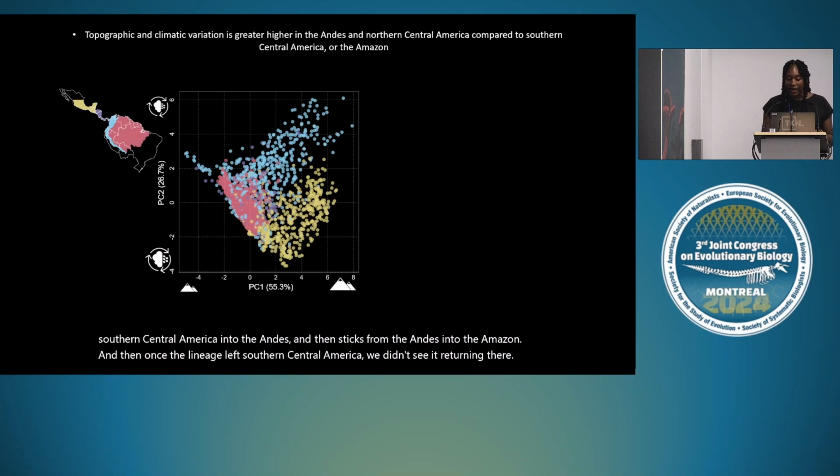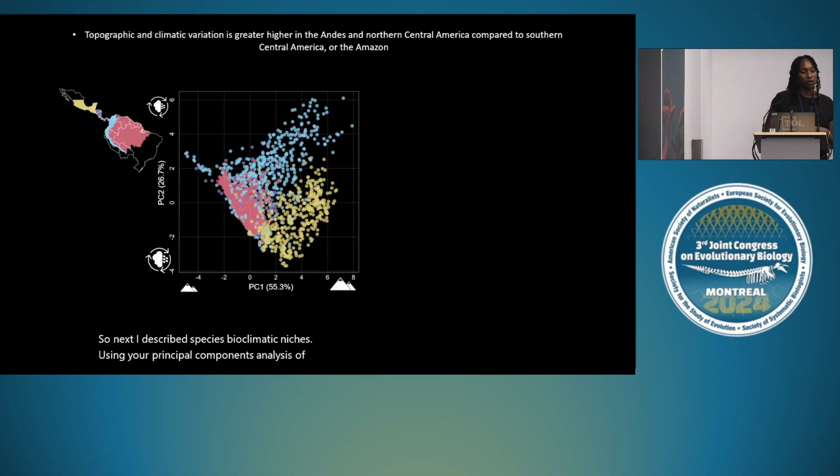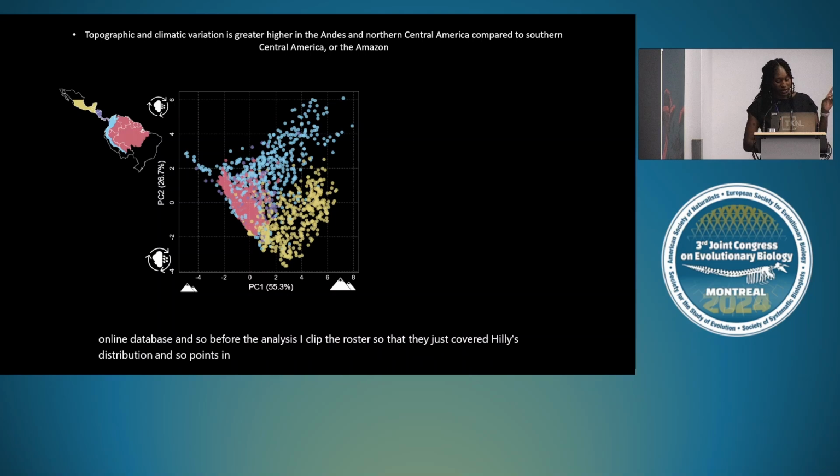So next, I described species' bioclimatic niches using a principal components analysis of environmental rasters from the WorldClim online database. Before the analysis, I clipped the rasters so that they just covered Hylia's distribution. And so points in this PCA represent land pixels in each of the regions in the map to the left.